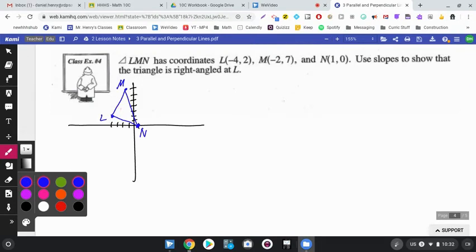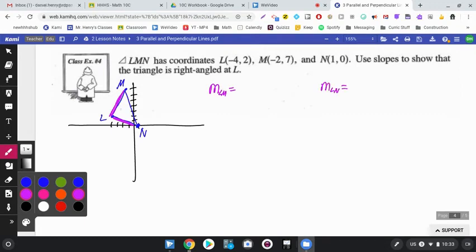Find the right angle. And then I'd have to find how do these slopes compare, how do these slopes compare, and how do these slopes compare. But really, all I care about is slope LM. How does that compare to the slope of LN?